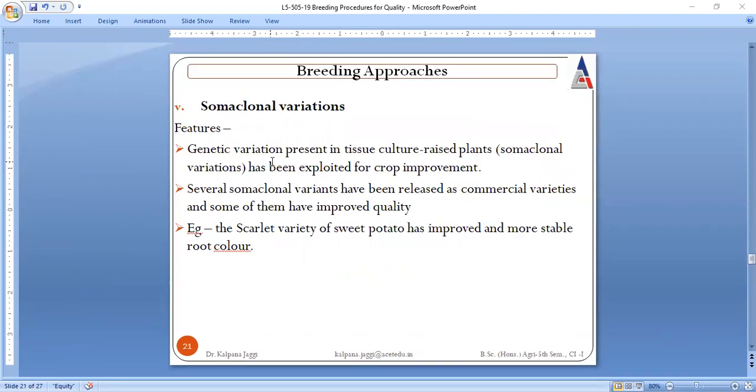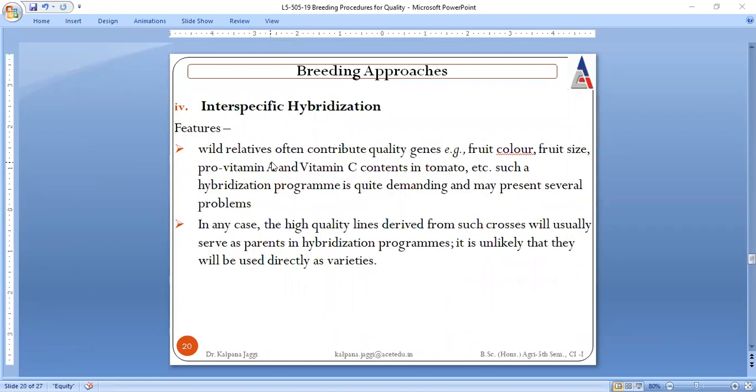Next is Somaclonal Variation. Next is Interspecific Hybridization. Wild relatives often contribute quality genes.